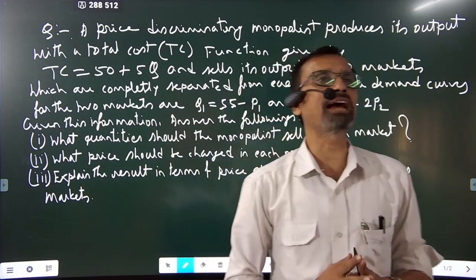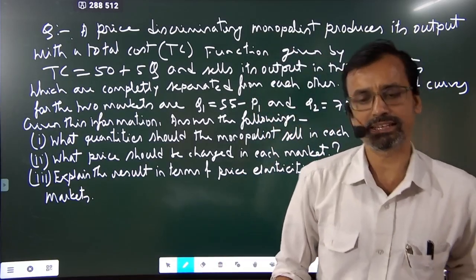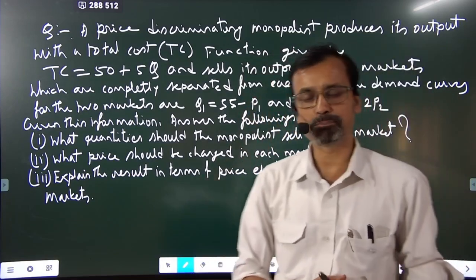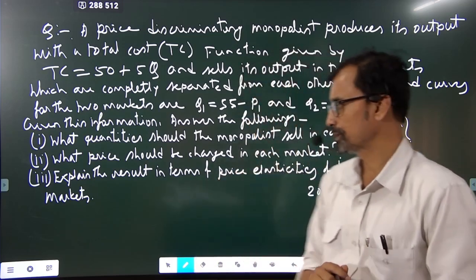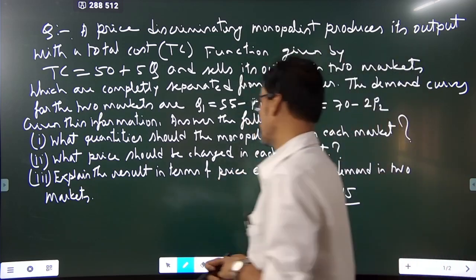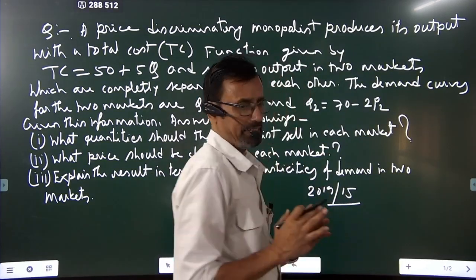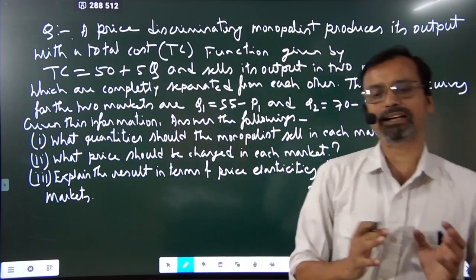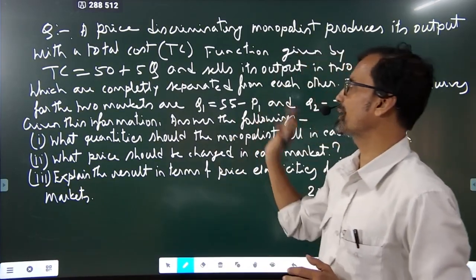How do the different price elasticities enable the monopolist to practice price discrimination? It means how different price elasticities are a necessary condition for practicing price discrimination.